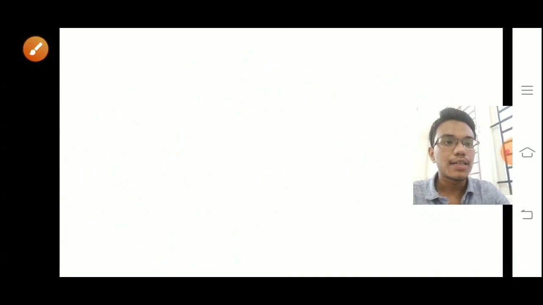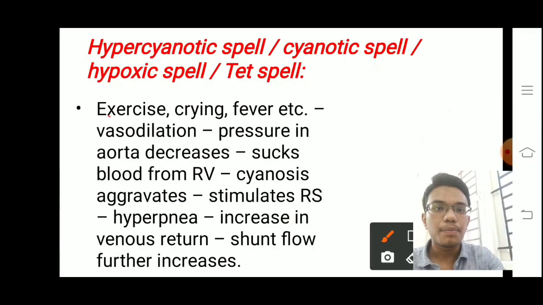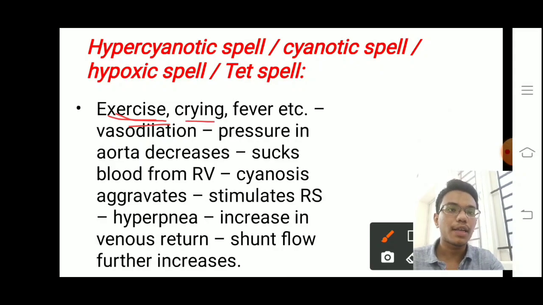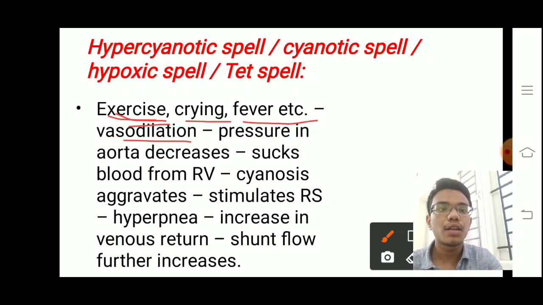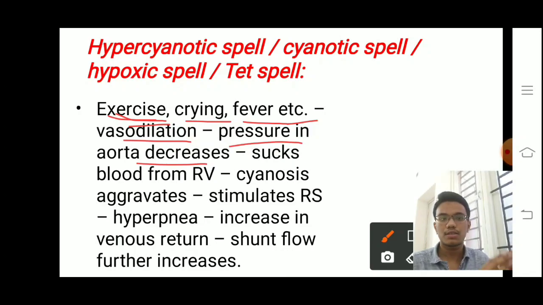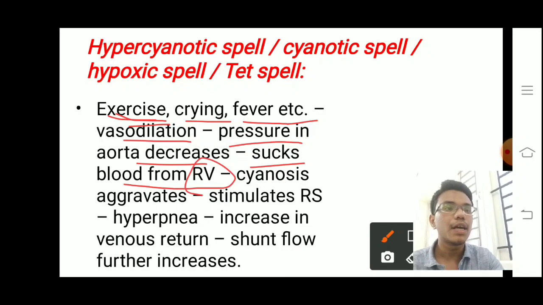Okay, let us have a short recap here. The patient, a child who is doing a lot of exercise by playing or crying, or if he is suffering from fever, that can lead to vasodilation, and this vasodilation will cause the pressure in the aorta to get decreased. Systemic vascular resistance decreases, and it sucks more amount of blood from the right ventricle, causing the cyanosis.